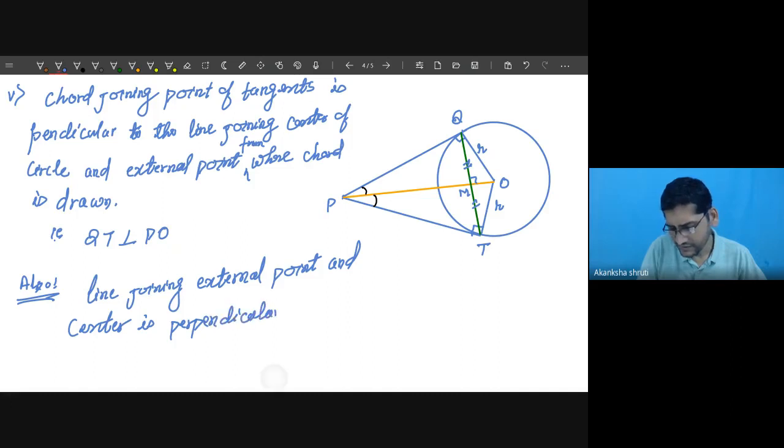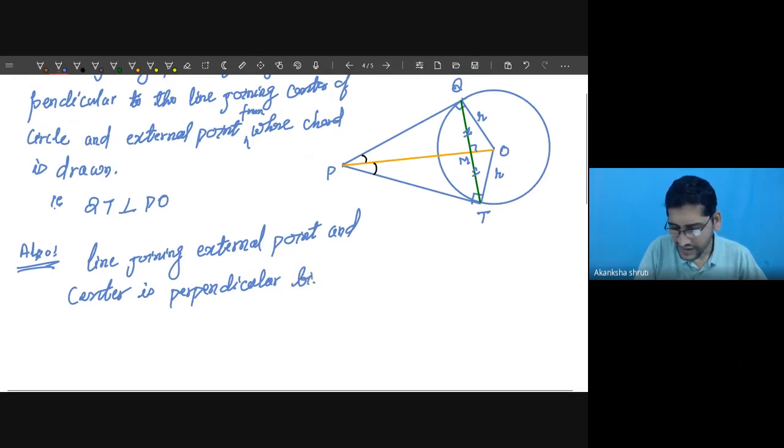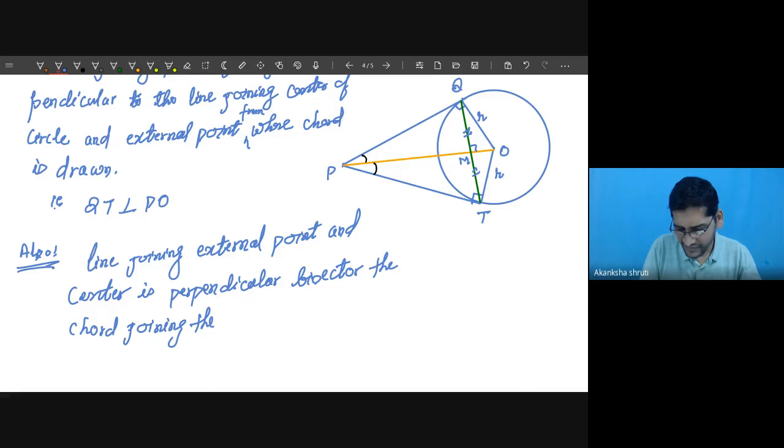Perpendicular bisector means it is bisecting the chord joining the points of tangent.